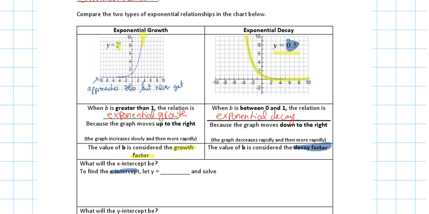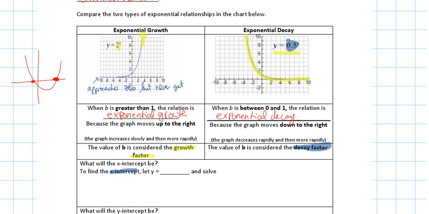No matter what the graph is, if you're looking at the x-intercept, what's the value of y here? 0. And here? 0. So anytime you're looking for the x-intercept, the value of y is 0.